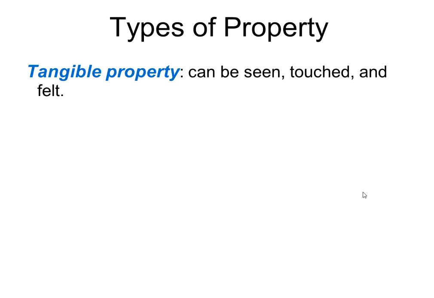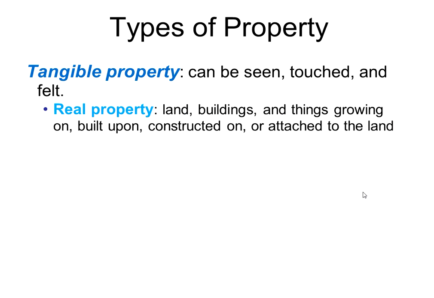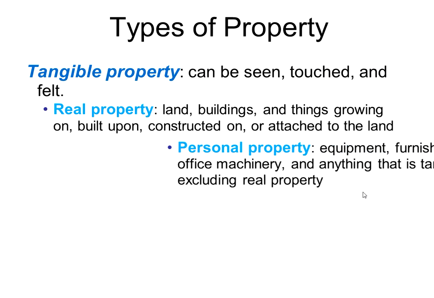What are the types of the property? There is tangible property, and that's the property that can be seen, touched, and felt. Examples of tangible property are real property. That includes land, buildings, and things grown on, built upon, constructed on, or attached to the land.